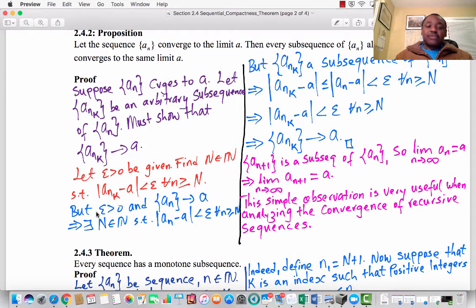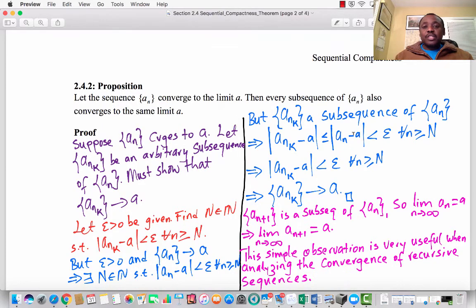Now, epsilon greater than 0, a_n converges to a, implies that we can find a natural number uppercase N such that the absolute value of a_n minus a is less than epsilon for every n greater than or equal to uppercase N. But we do know that a_nk is a subsequence of a_n, so that means the absolute value of a_nk minus a is less than or equal to the absolute value of a_n minus a.